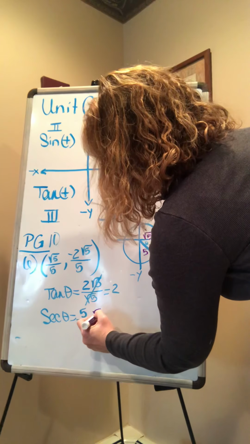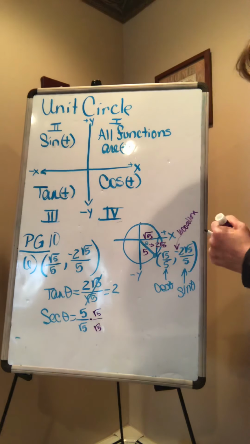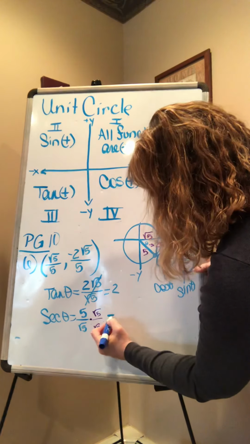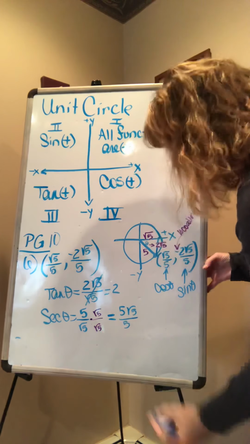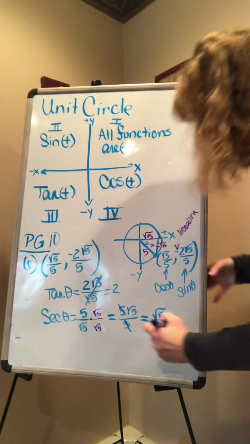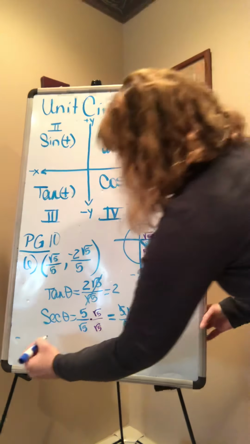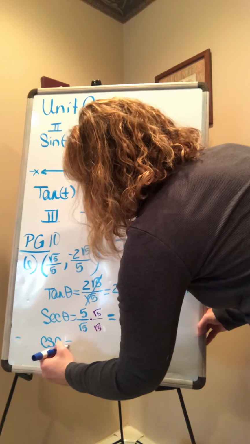So this would be rad 5 over rad 5. And that now gives us 5 rad 5 over 5. Yikes, I have to reduce. Secant is rad 5.